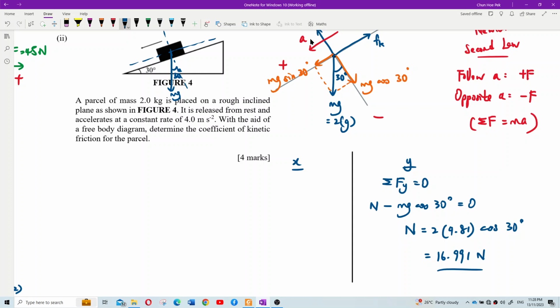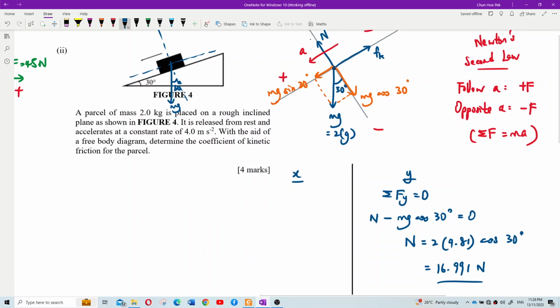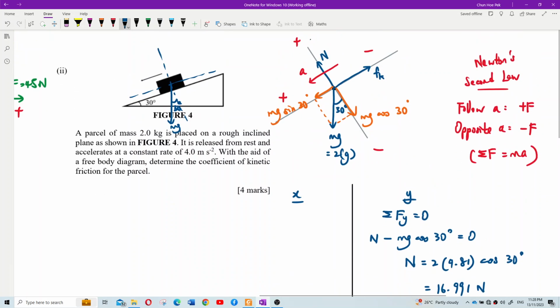Now, as I have the normal force, I need the value. In the x component, there is acceleration, that means total F equal to ma. Fx is ma. In the y component it is 0 because there is no acceleration.